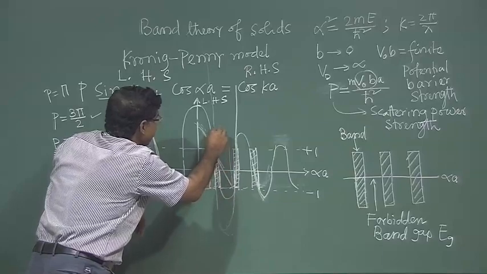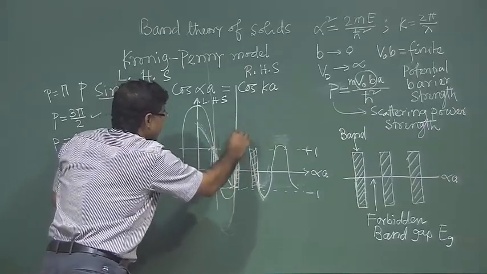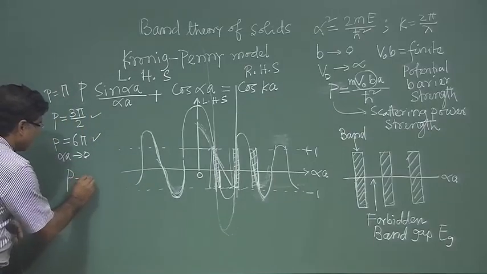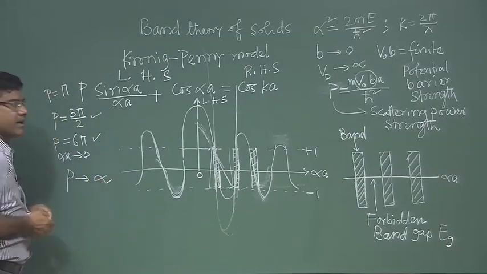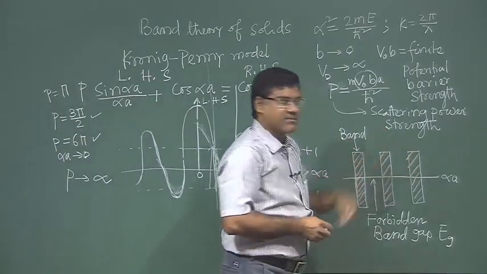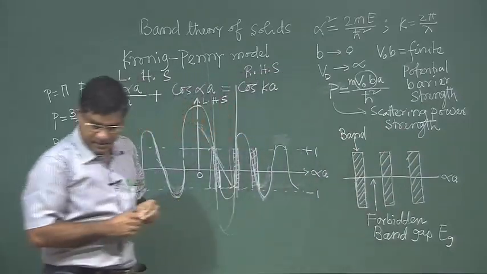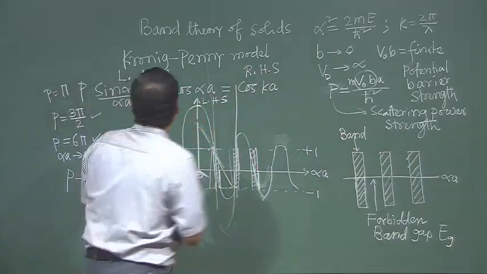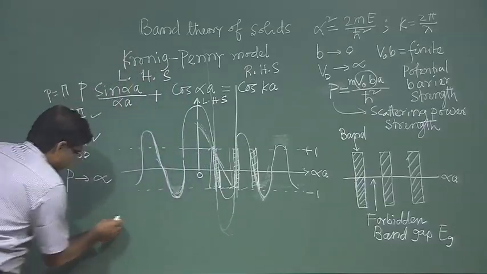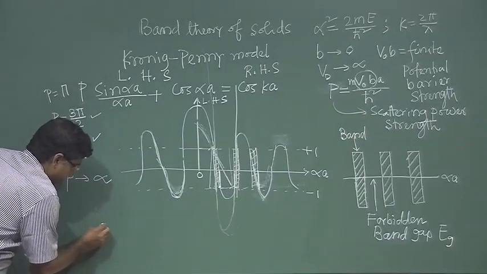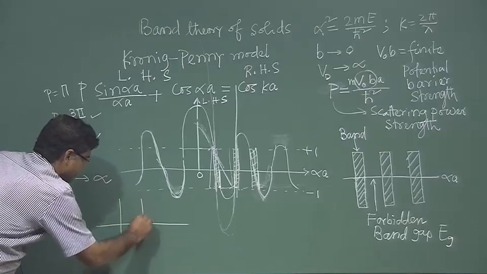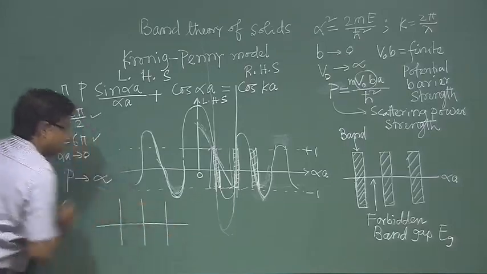One can show that when p tends to infinity, a very high value, instead of this type of spectra, you will get basically line spectra.